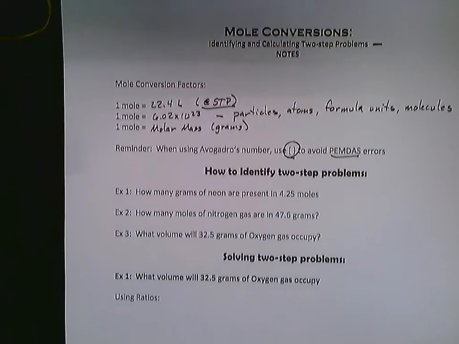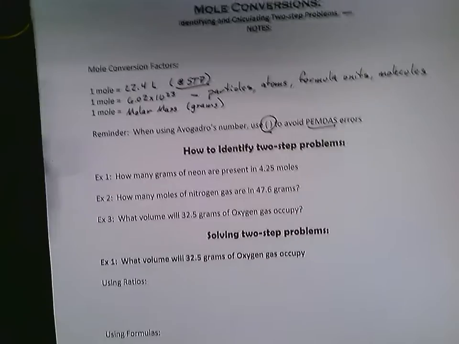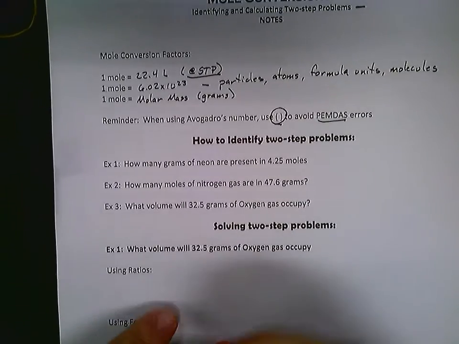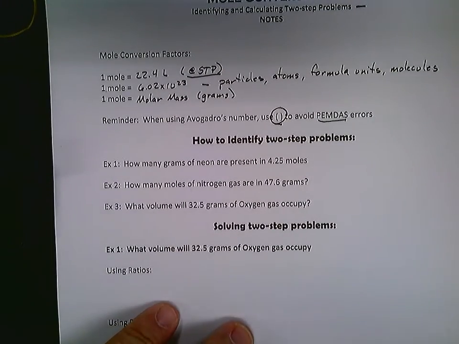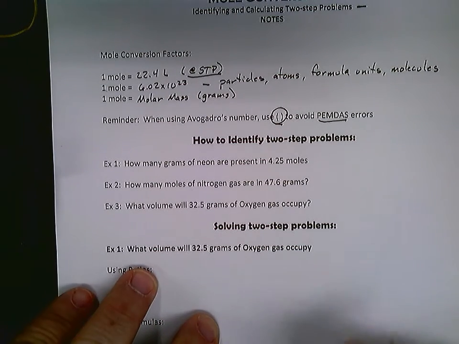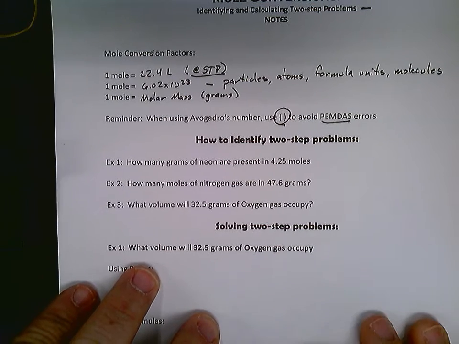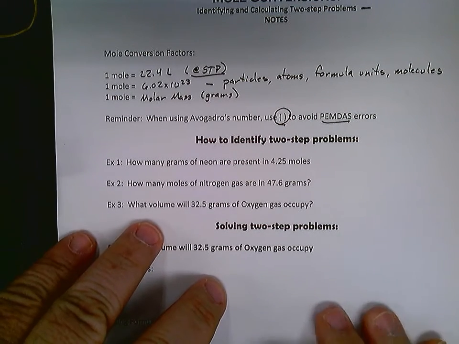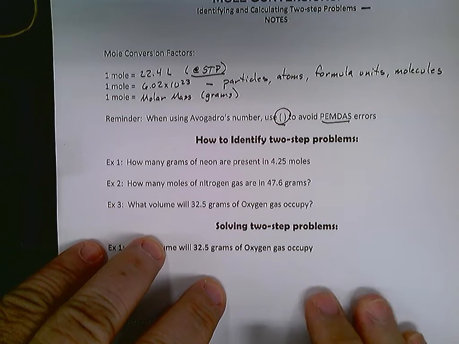Okay, now, how do we actually identify when we have a single step, i.e. we just put it in a formula or use one ratio, versus when do we have to do two? It all comes down to the given and wanted information in the problem. Here's where your units are going to be your best friend to tell you what to do.